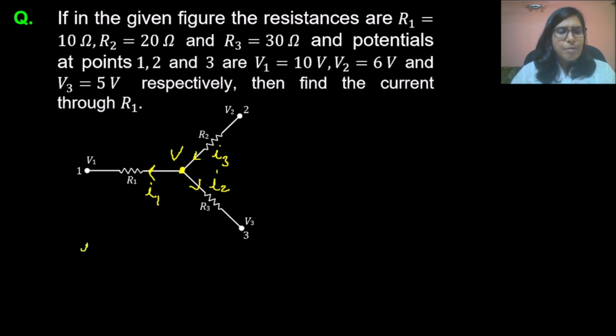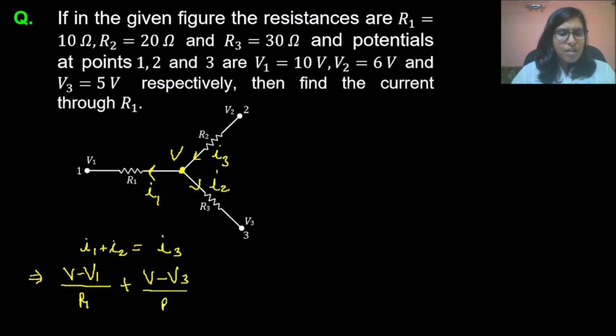Here we can write simply current leaving the node equals current coming to the node, right? I1 will be V minus V1 upon R1, plus I2 will be V minus V3 upon R3, equals I3. This will be V2.